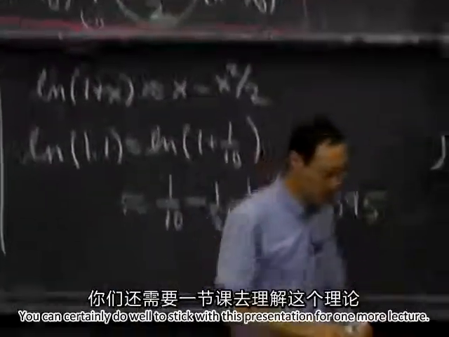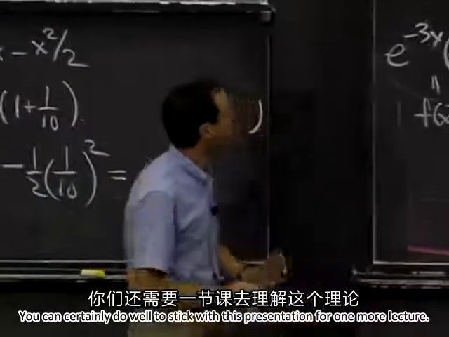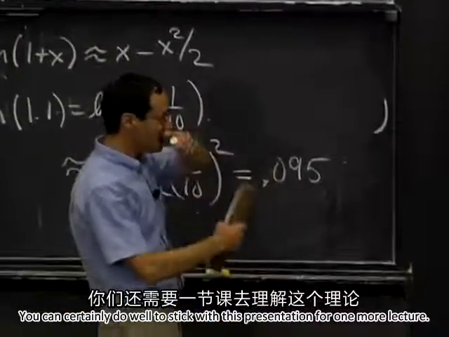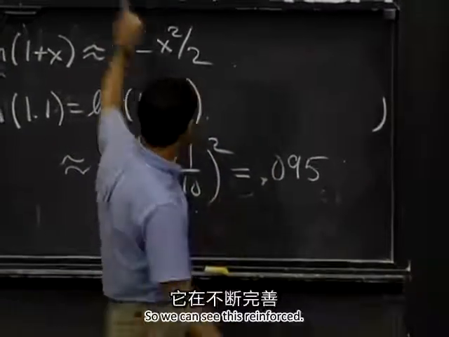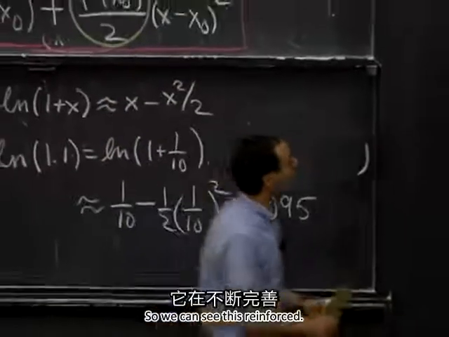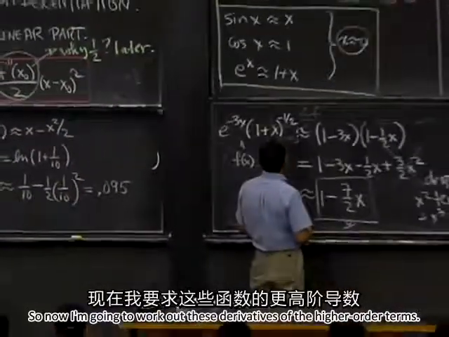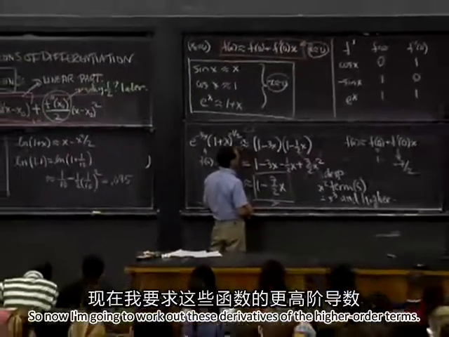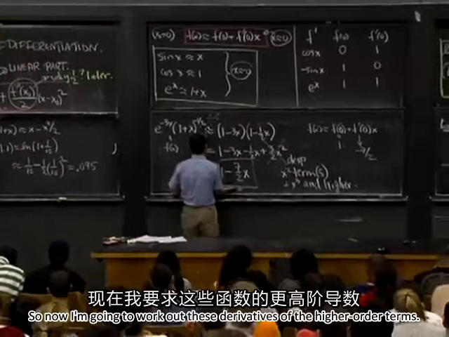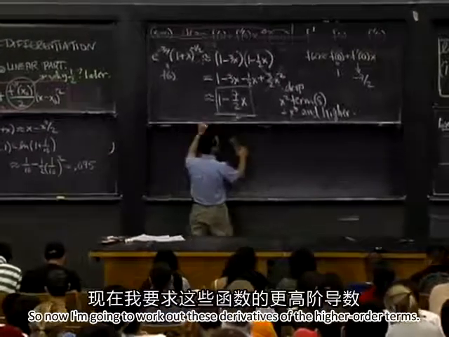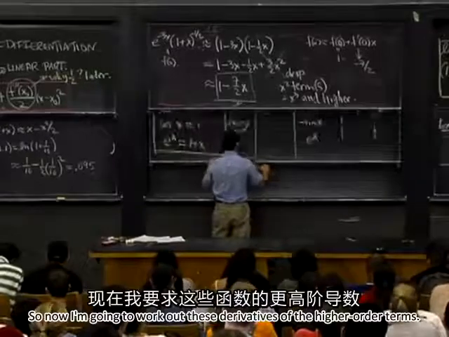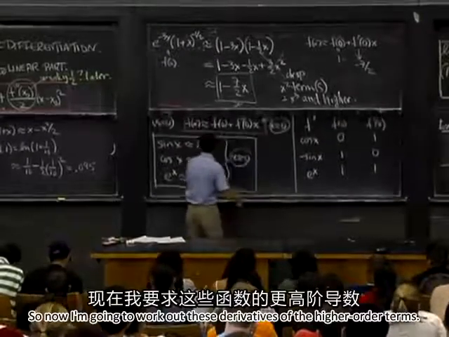You can certainly do well to stick with this presentation for one more lecture so we can see this reinforced. All right? So now I'm going to work out these derivatives of the higher order terms.